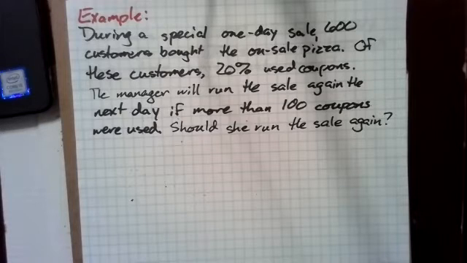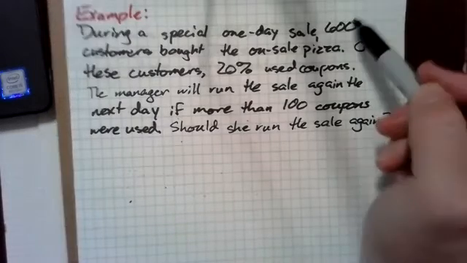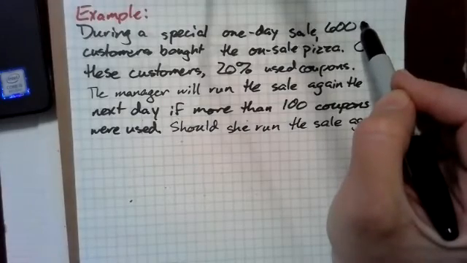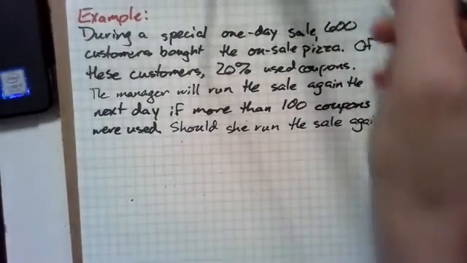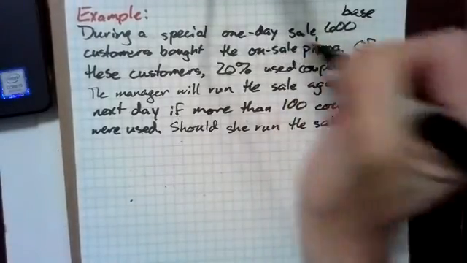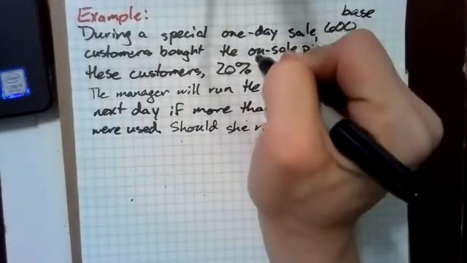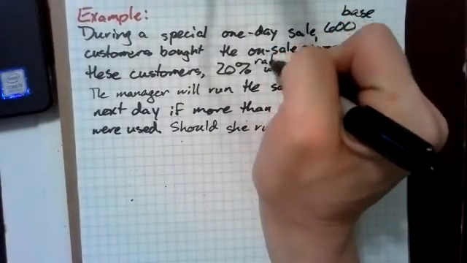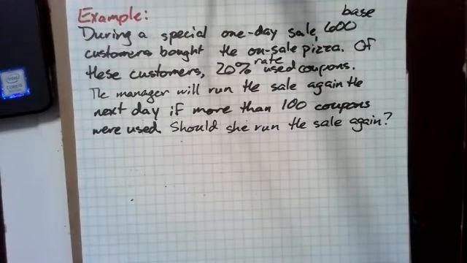So, first off, what we know, 600 customers total bought the pizza. That is our base. And 20% used coupons. 20% is obviously our rate. What we want to know is if more than 100 coupons were used.